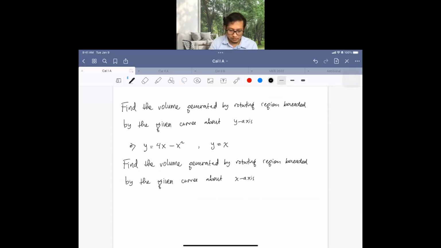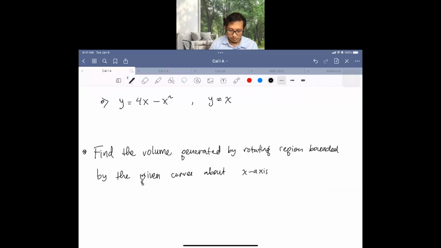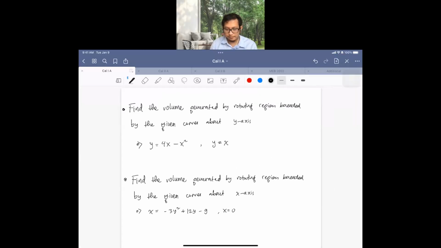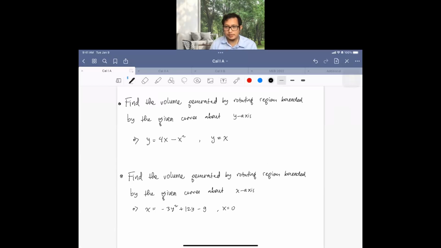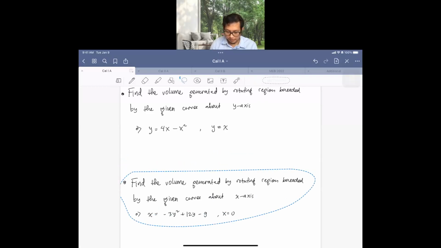X-axis. So this is the first one. This is the second one. So same question, but different rotations. But for this one, we have x equals negative 3y squared plus 12y minus 9, and x equals 0. Okay, let's try these two questions.